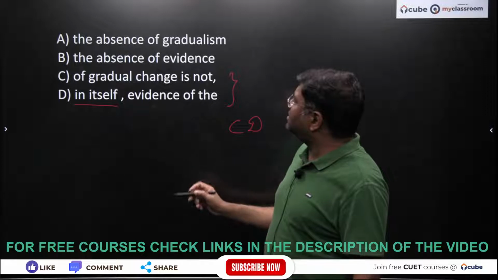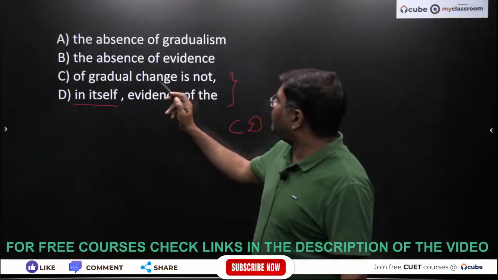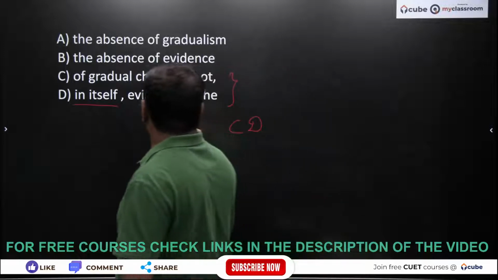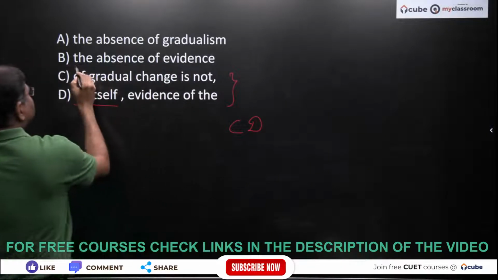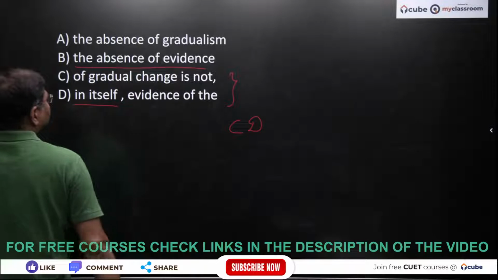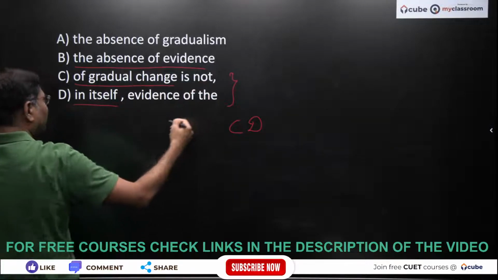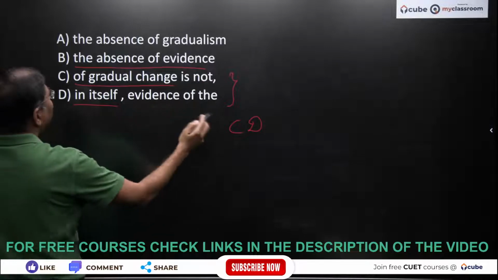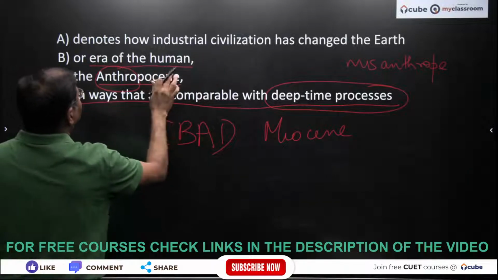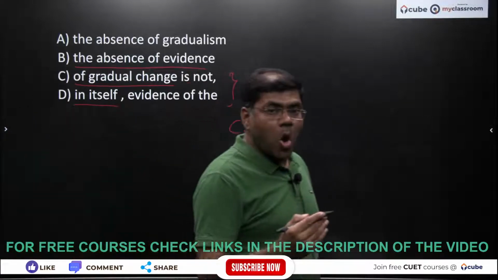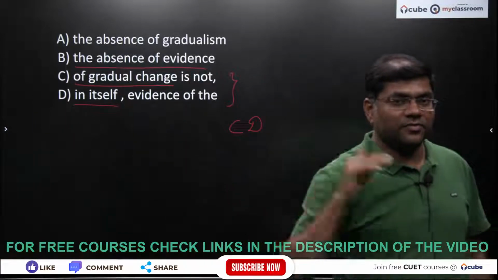Now this point is the absence of evidence of gradual change. So it goes like this: the absence of evidence, and evidence of what? Of gradual change is not in itself evidence of the absence of gradualism, right? So the absence of X is not in itself the absence of Y. This is what he is trying to say.